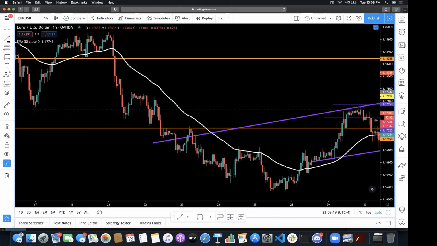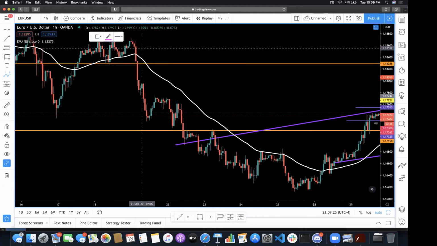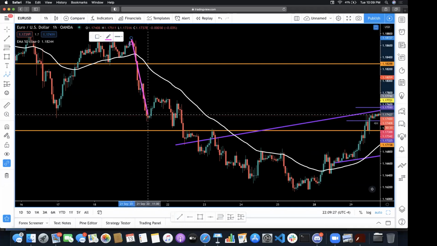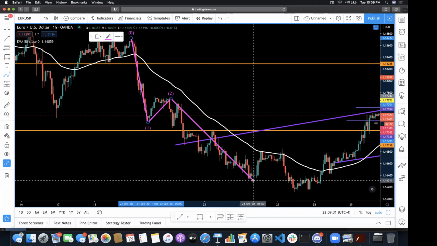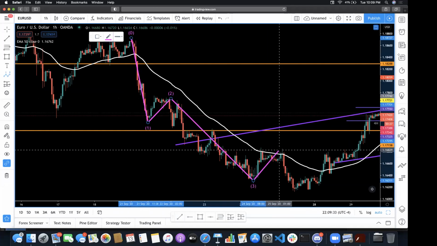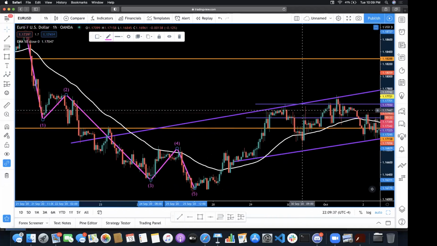So if I was to count Elliott Wave or look at Elliott Wave on that pattern, it'd be something like this, before the retracement happened, right?